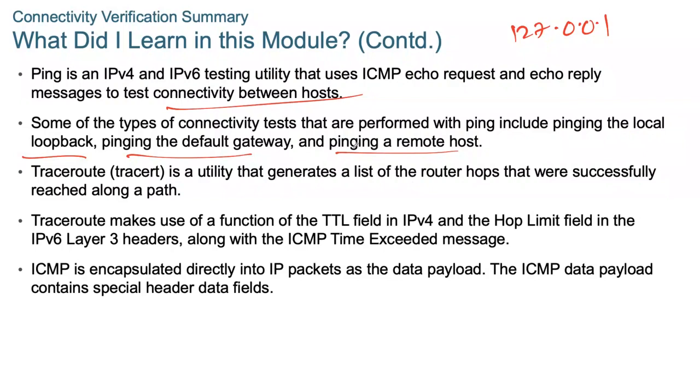And the alternative to ping is traceroute. This traceroute information gives the intermediate devices that are there, and the IP addresses of all those devices will be given. So this is about the connectivity verification.